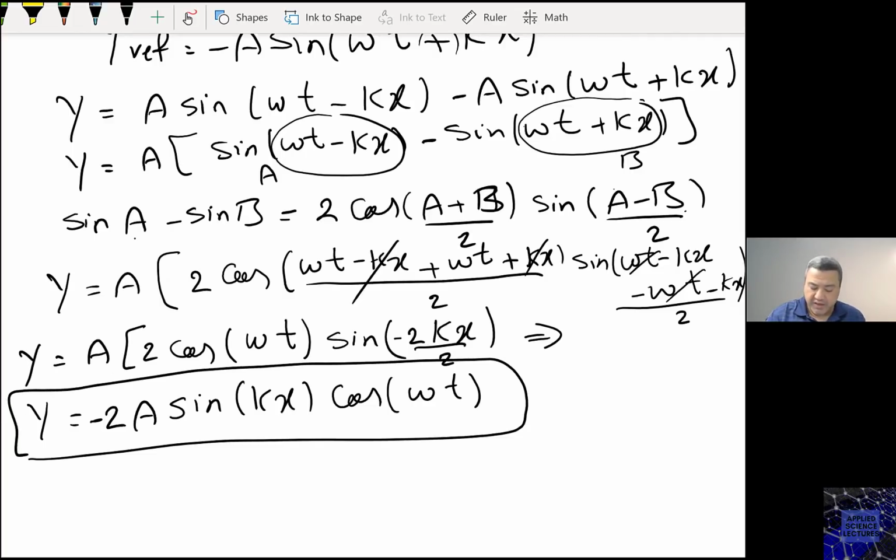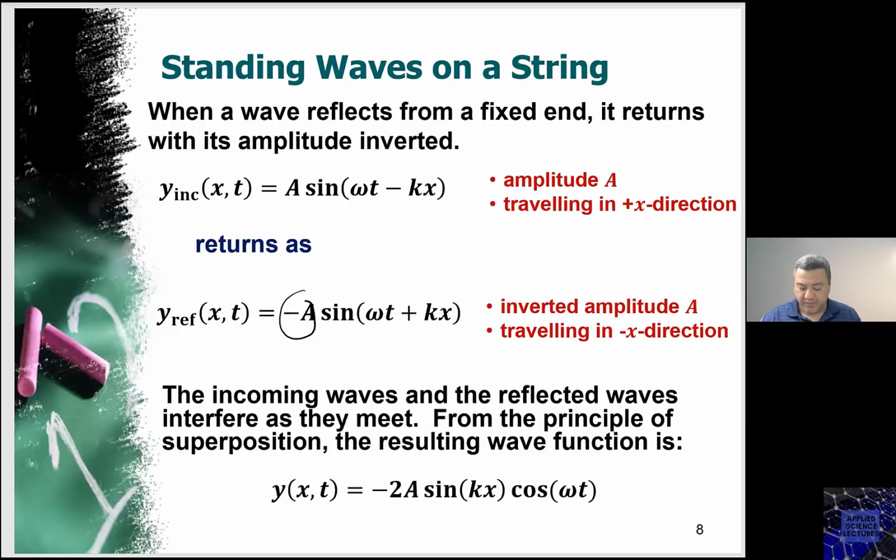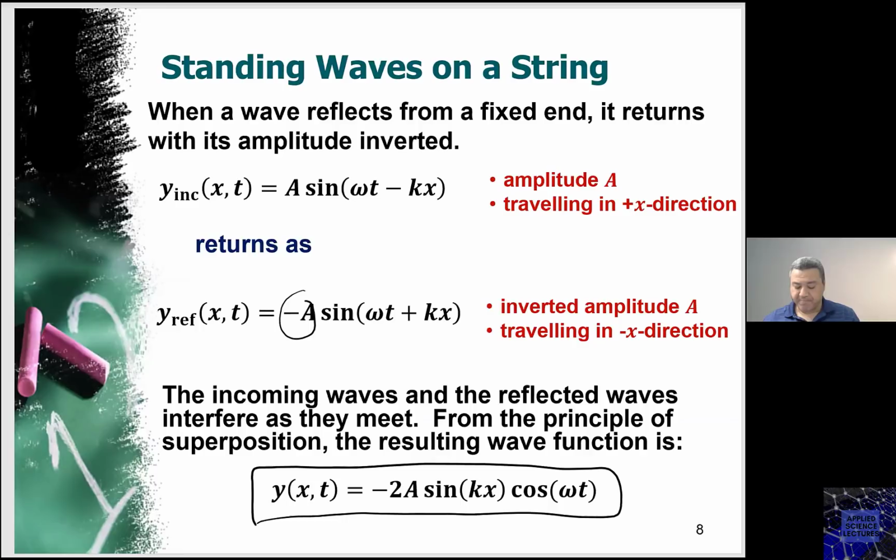As you can see, it is made of a spatial variable here, kx, and ωt, the temporal variable. So in this case, this is my function, the one that I just derived, the function of time and space.